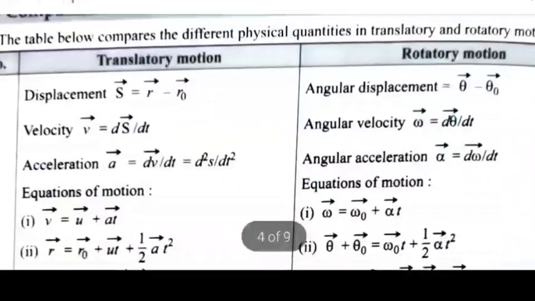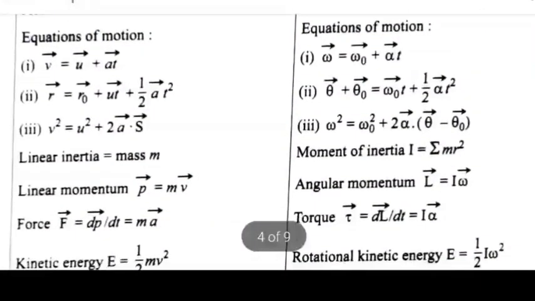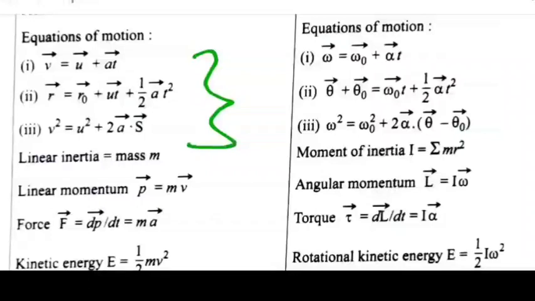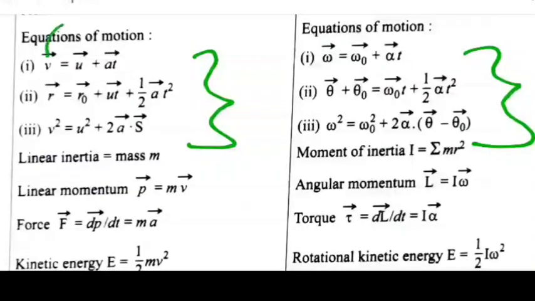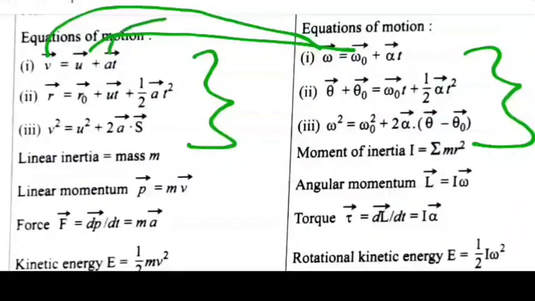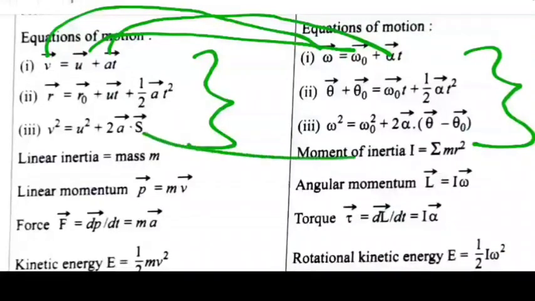And now we can have the equations of motion, which are called kinematical equations. These are three equations, replacing v by omega, u by omega 0, acceleration by alpha, and the displacement by the angular displacement.